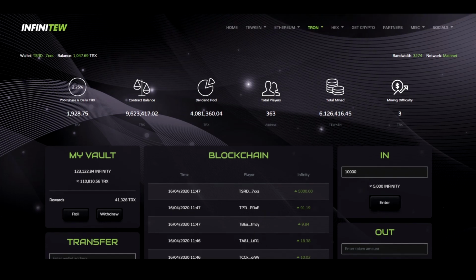Depending on when you're watching this video, Tewken will have staking where you stake your Tewken and you get staking rewards. Depending on when you're watching this video, it may be already out. So there is value in accumulating these.